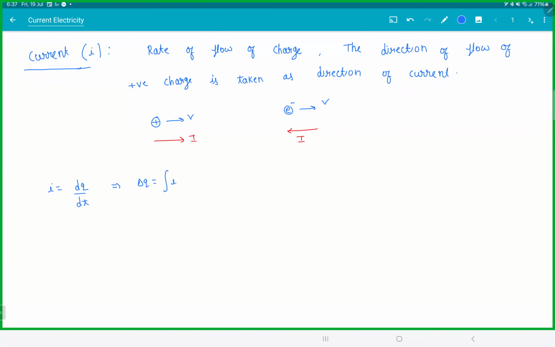Delta q is equal to integral I dt. The average current is change in charge by time. That means if you plot an I-t graph or a q-t graph, this would be the positive area.